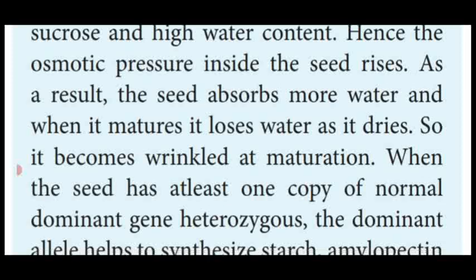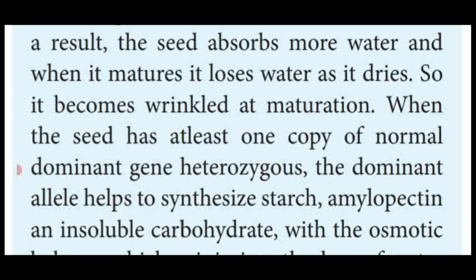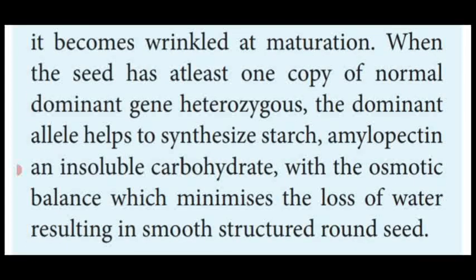What will happen? The shape of the seed is automatically modified into a wrinkle. But if the seed contains any one dominant gene, that is capital R, it has the capacity to produce starch, carbohydrate and amylopectin with osmotic balance, which minimizes the loss of water.